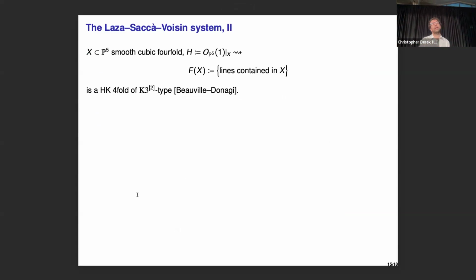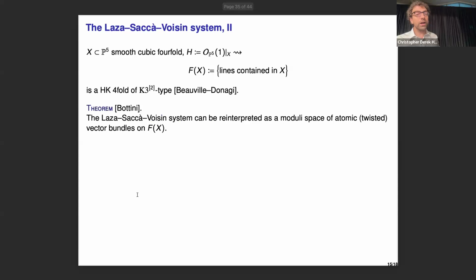This is the Beauville-Donagi variety. So I just look at the Hilbert scheme of lines inside the cubic fourfold. And so by Beauville-Donagi, this is a hyper-Kähler fourfold of K3^[2] type. And so the theorem by Bottini says that the construction we saw before can be reinterpreted as a moduli space of atomic twisted vector bundles on the Fano variety of lines. Okay, so that answers your question.